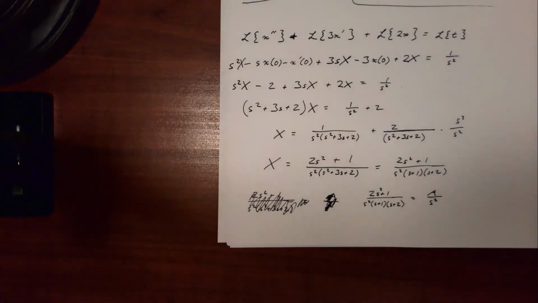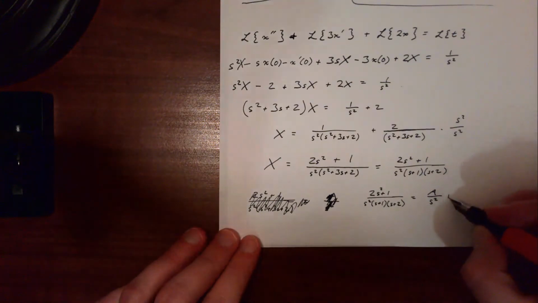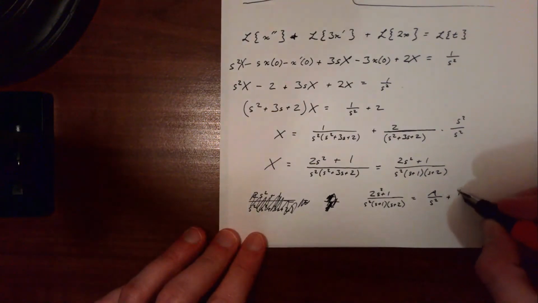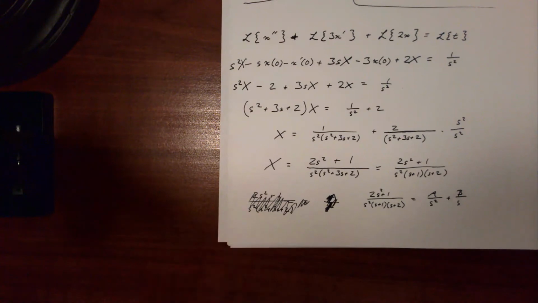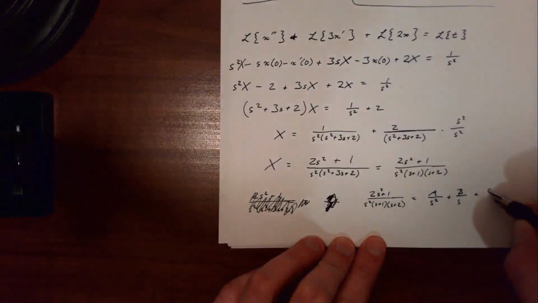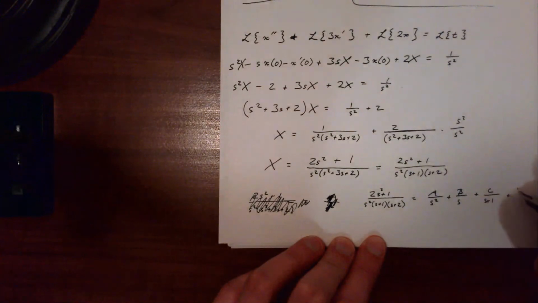When you have a repeated factor in your partial fractions, you need to include more terms with just a single coefficient on top of ever decreasing powers of that repeated factor. If you have an irreducible quadratic, then that's when you need the as plus b situation. And then this is going to be c over s plus 1, and this is going to be plus d over s plus 2.